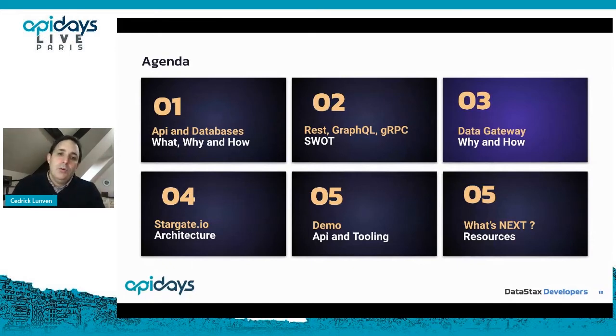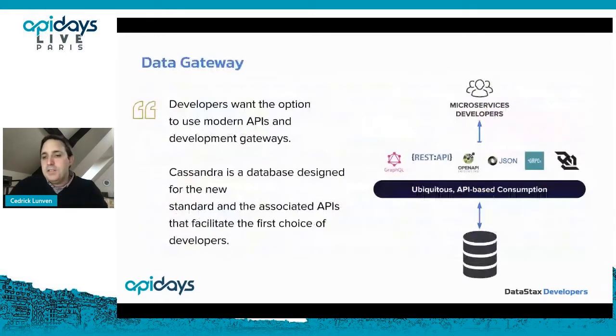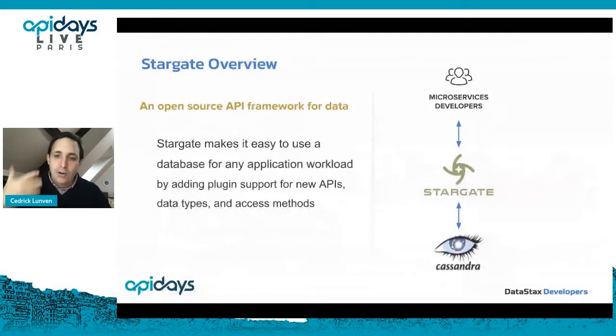Now, if I told you about a gateway, a proxy on top of the database to introduce loose coupling, providing you the three APIs and more, that could be pretty neat, right? Well, that's exactly the idea of this open source project called Stargate, stargate.io, working on top of Cassandra as of today.